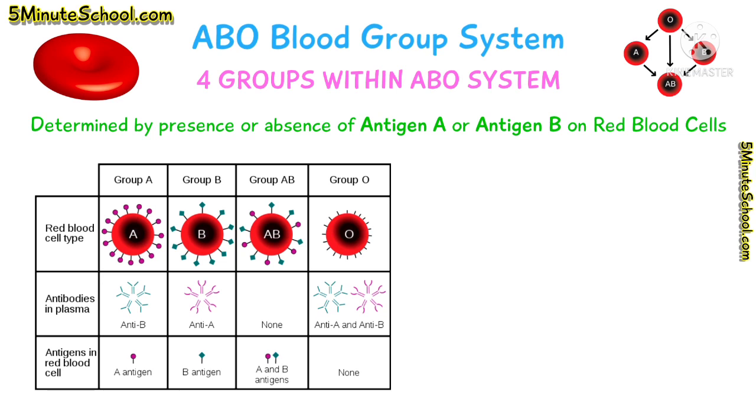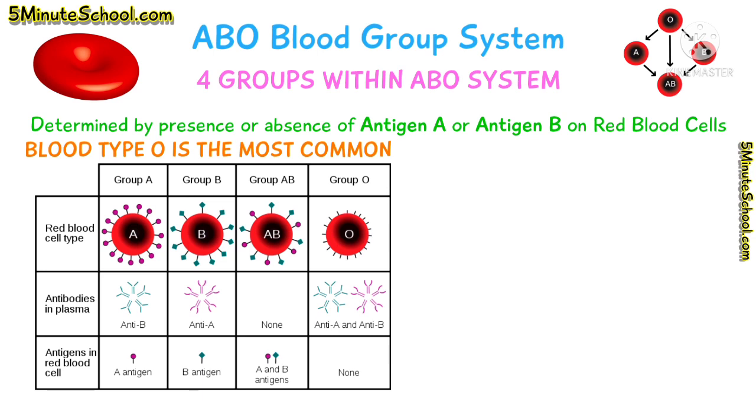Group B has antigen B present in the blood and anti-A antibodies. Group AB have both antigen A and antigen B present and no associated antibodies. Group O have no antigens present in the blood but have anti-A and anti-B antibodies. Blood type O is the most common blood type in the world.